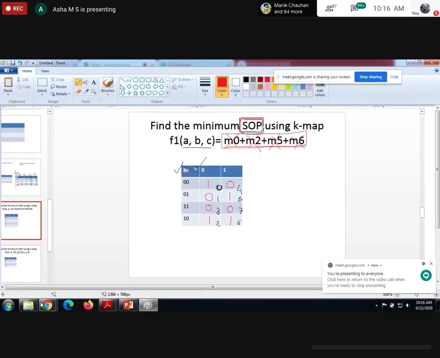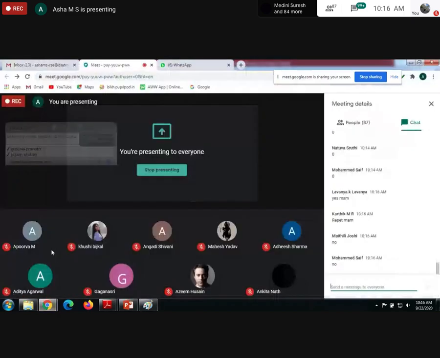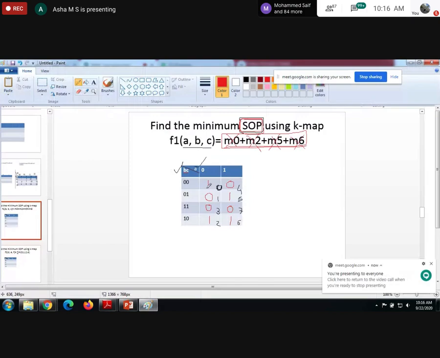Can you group that one with another one? No. Why? I don't have an adjacent one here. Vertically also I don't have an adjacent one, and horizontally also not. So this is a single one.